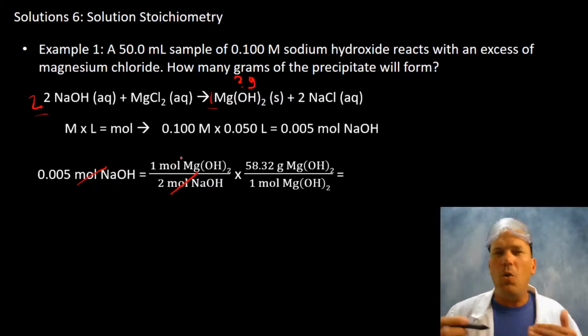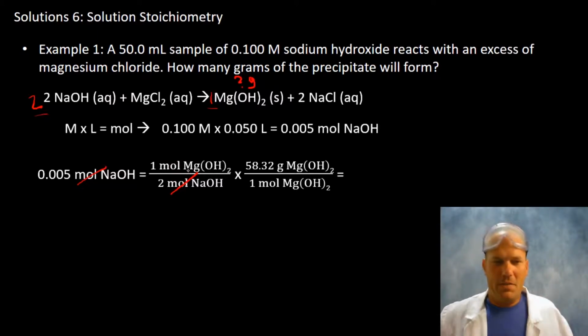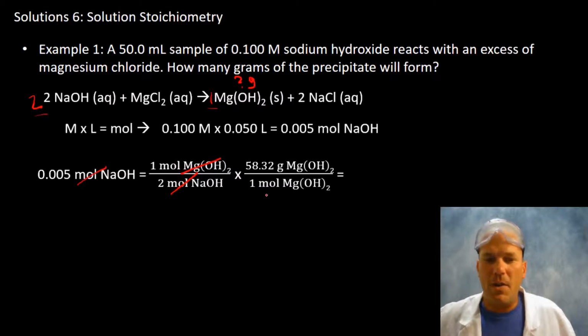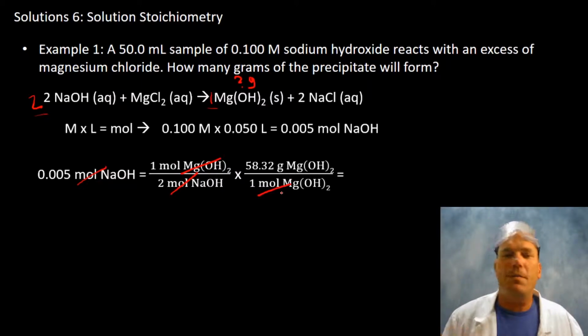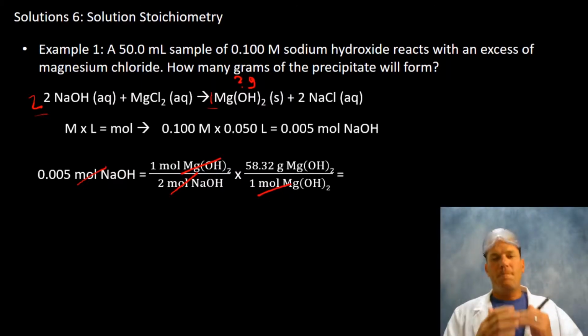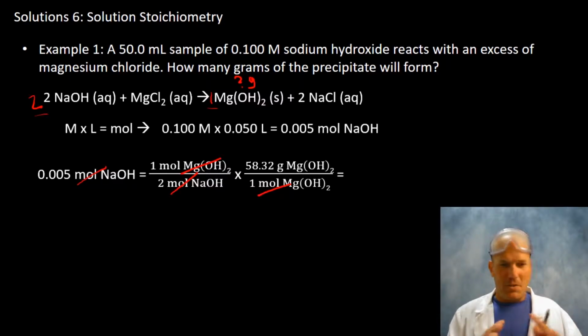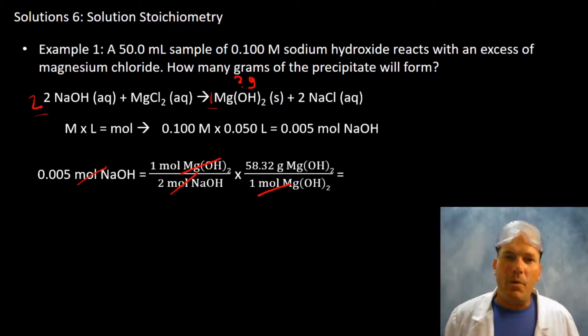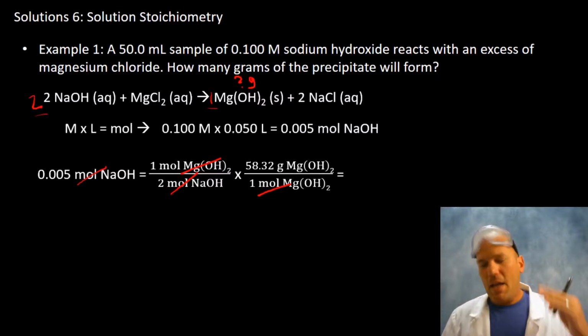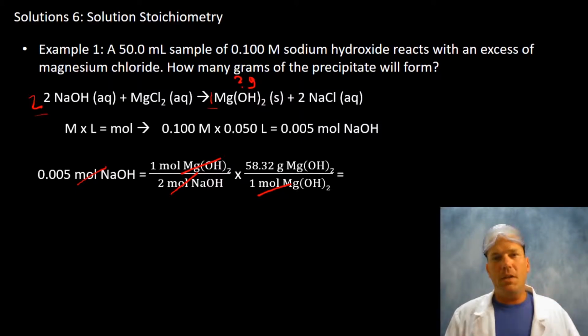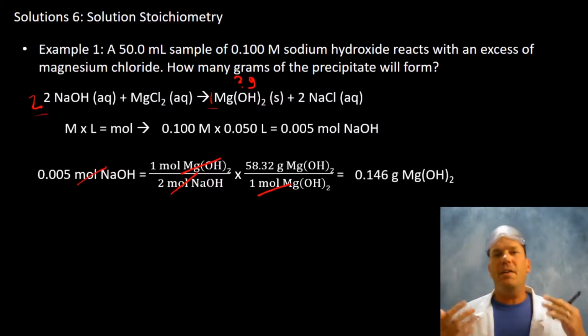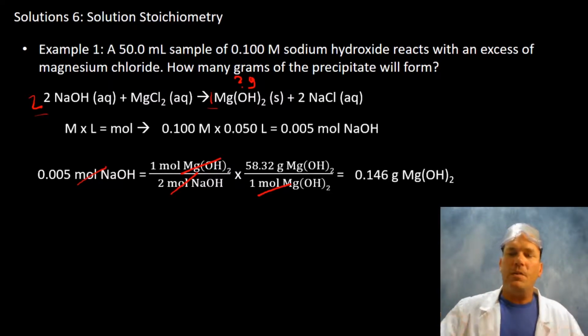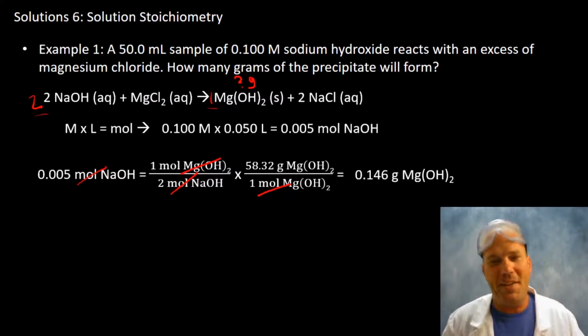Our connection always from mole to gram, molar mass. So for moles of magnesium hydroxide, in each mole there's 58.32 grams. That's it. No need to go any further in the land of the mole. Multiply everything on top, divide that quantity by everything on the bottom, and you'll get a final answer with 3 sig figs of 0.146 grams of the precipitate.